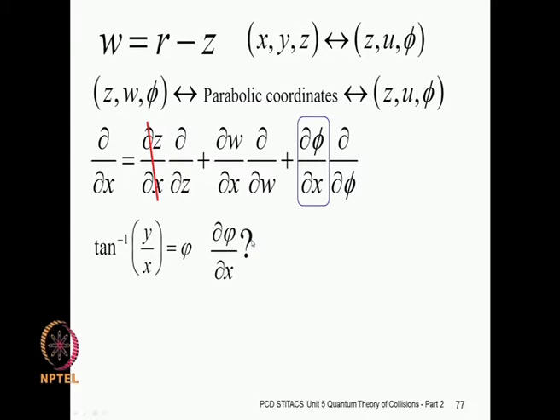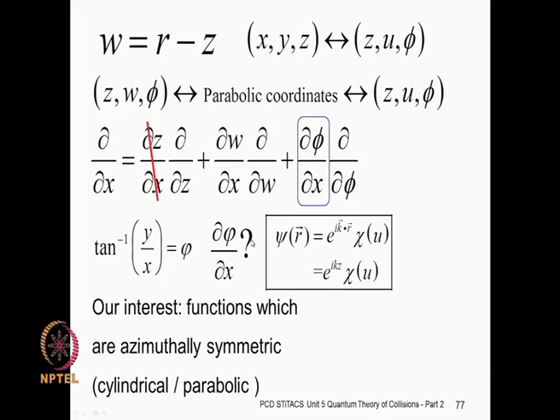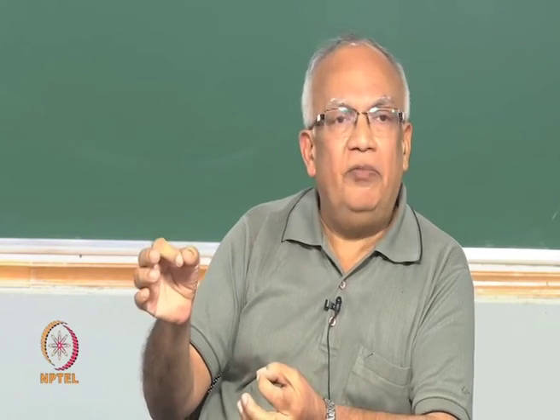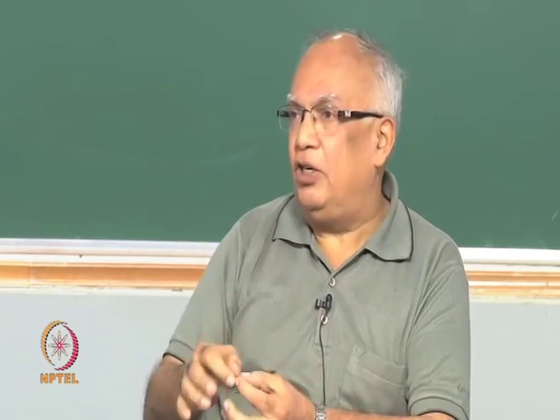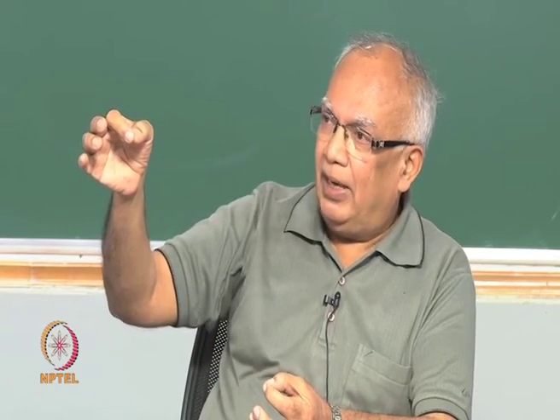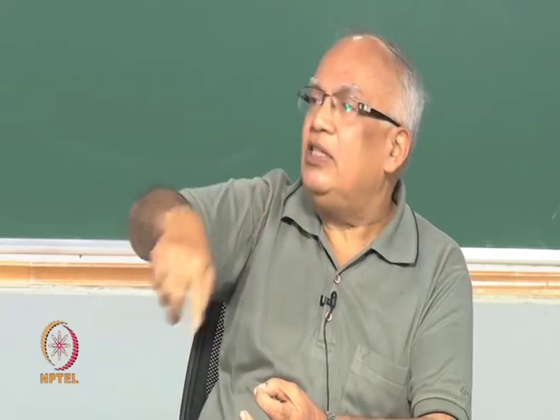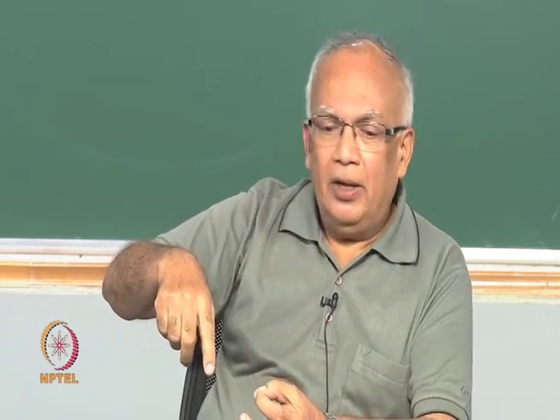but you do not even have to do that. Why should you? Because our interest in doing this problem is to apply it to a specific 2-body problem. The 2-body problem which interests us is the Coulomb interaction. You have got 2 charged particles and they are interacting along the line joining them. So there is azimuthal symmetry about it, right.